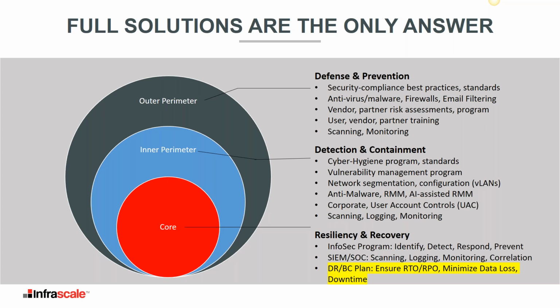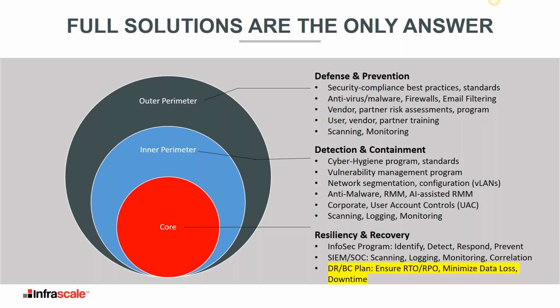And then when it comes to resiliency and recovery, this is the core part. If you were building this like a house, this would be the base. So you have your business continuity and disaster recovery option as the first most important thing to get in play, because things will go wrong, whether they're small or big, or somewhere in between.